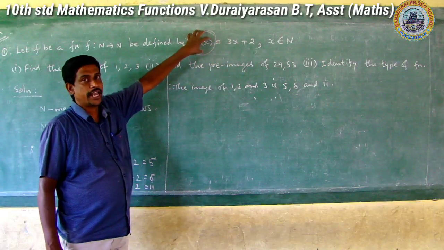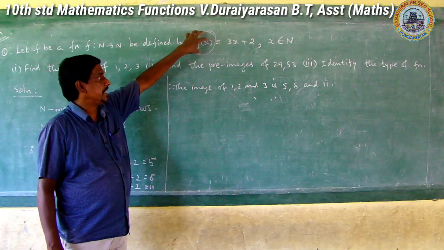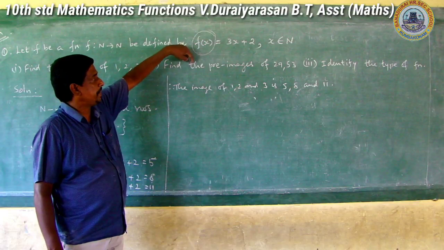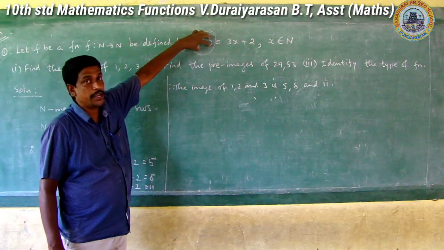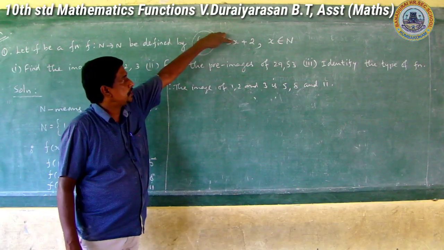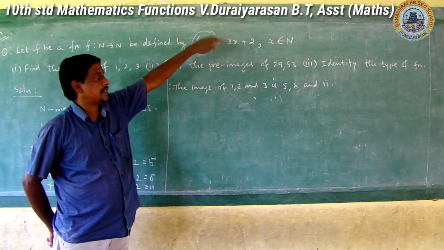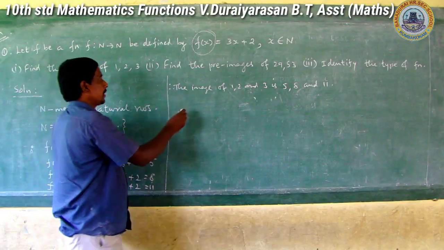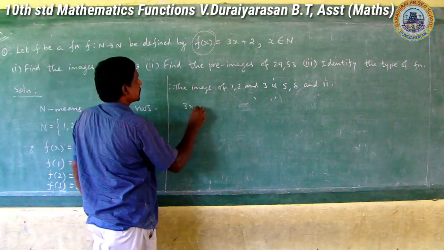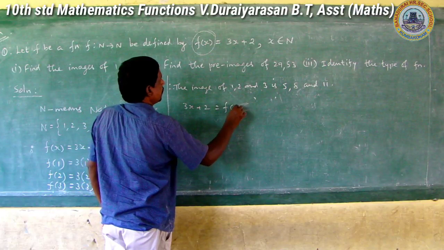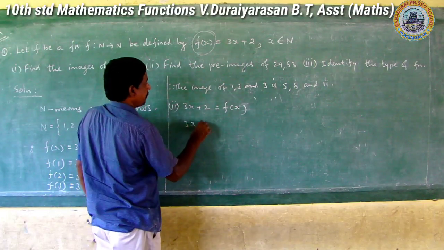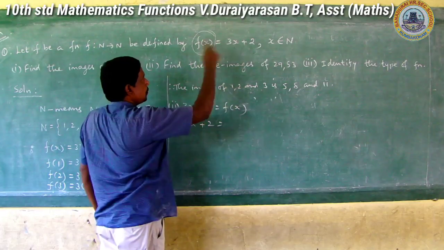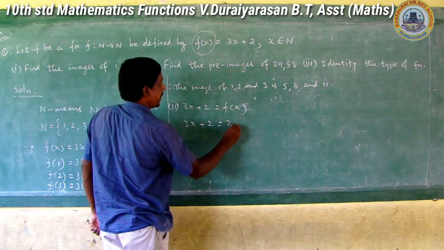What is this? x is the pre-image, f of x is the image. We need the pre-image of 29 and 53. Substitute: 3x plus 2 is equal to f of x. The value of f of x is equal to 29.